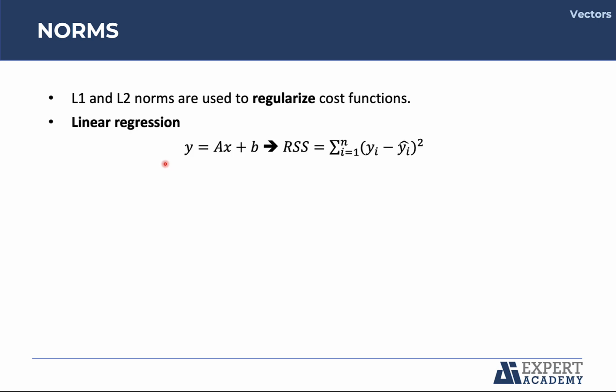A linear regression problem tries to find the values of the matrix coefficients A and the vector B that best fit the data X and Y, such that their relation is given by the equation of the line, as you can visualize here.